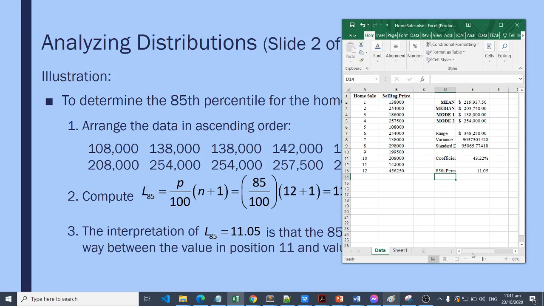So we have here 11.05. This is the formula, the manual way of getting the 85th percentile.